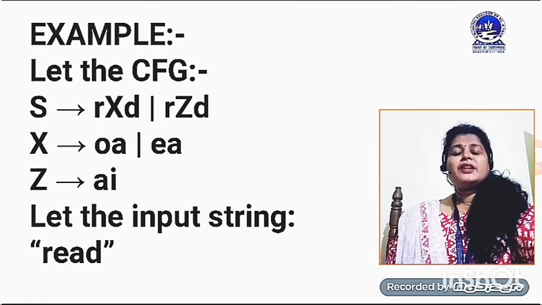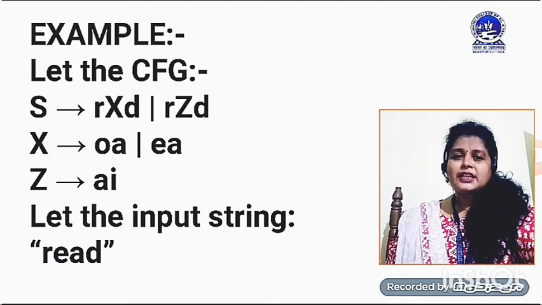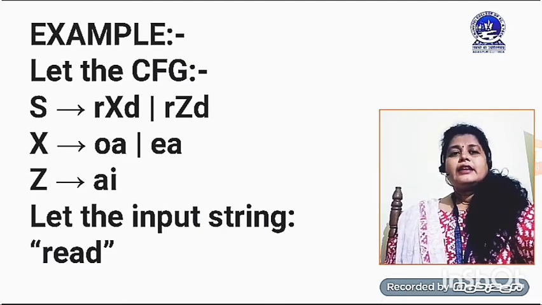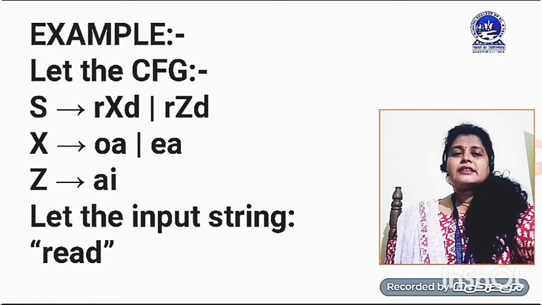Now I am going to explain top-down parsing by using a very simple example so that your concept will be clear. In this example, let the production rules be S implies RXT, S implies RZD, X implies OA, X implies EA, Z implies AI, and let the input string be READ.